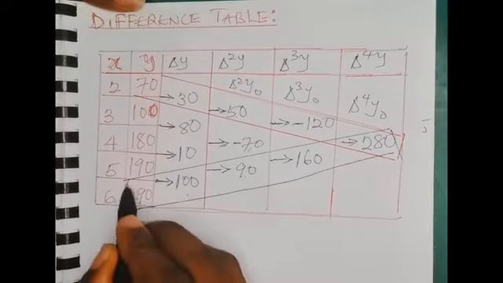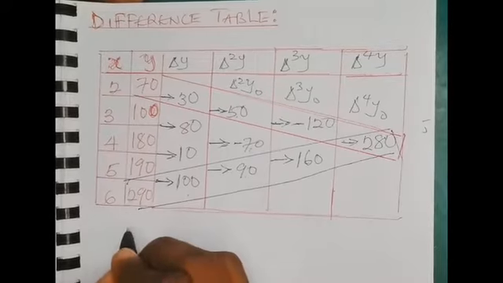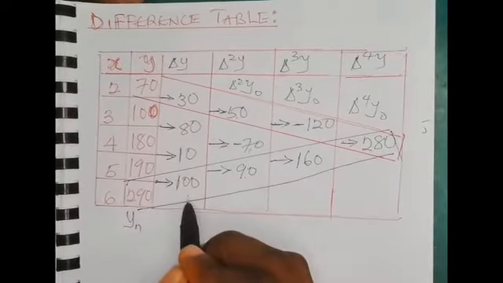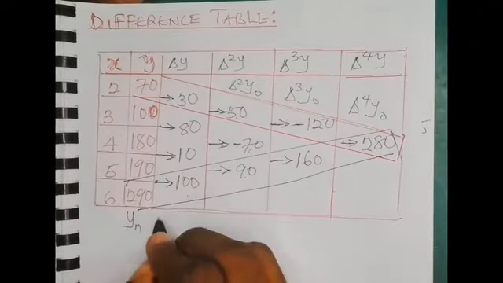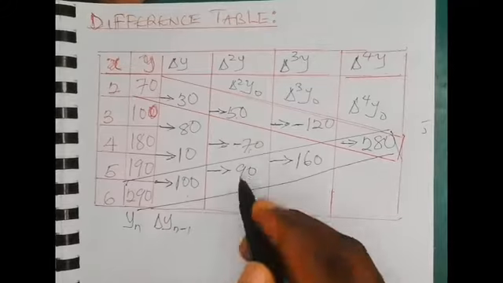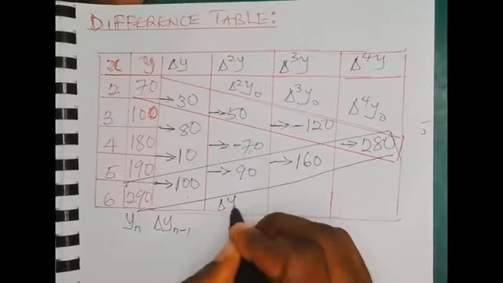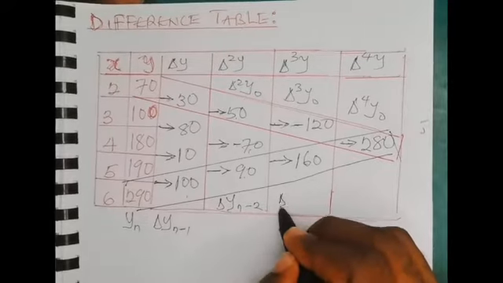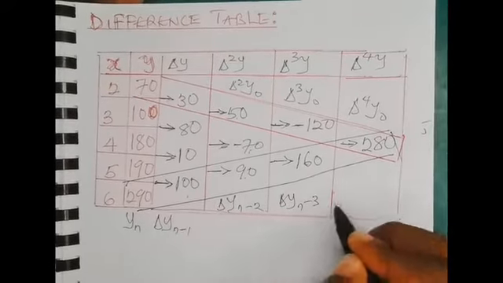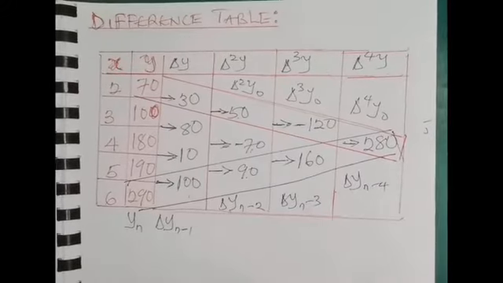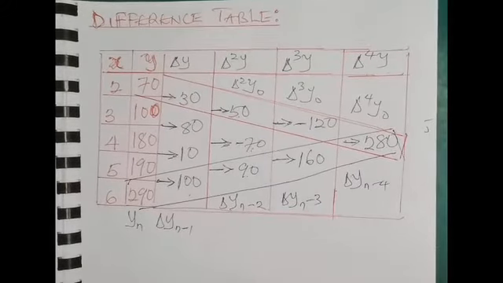Now remember, the last value of y is termed as yn. So this is yn. The next value of y at the difference is called delta yn minus 1. This other value is called delta yn minus 2. This other value is called delta yn minus 3. Finally, this is called delta yn minus 4. It's as simple as this.